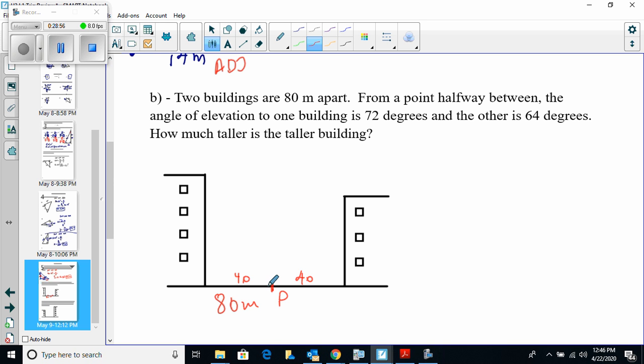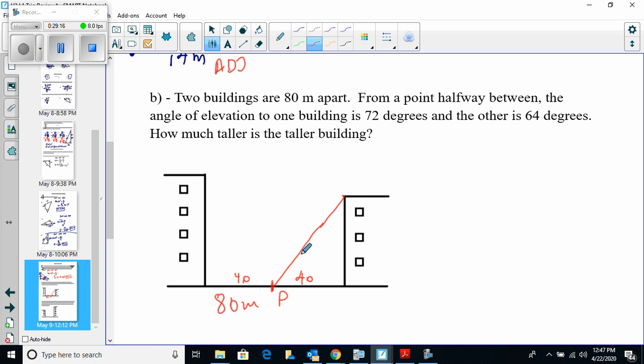So now it doesn't really matter which one is the one that is 64 or 72, but the tallest one will have the highest angle.